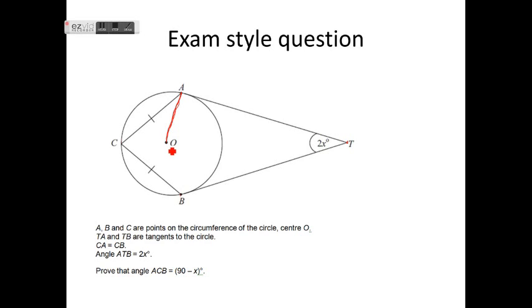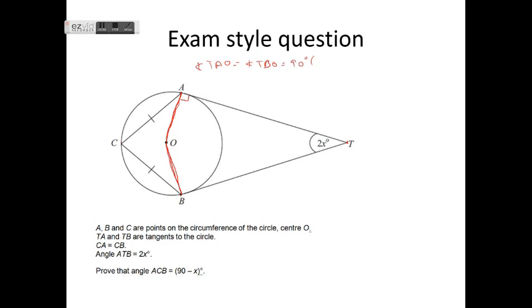At the moment, I don't have a radius, but as always with these questions, you have to create your own. So if you draw a radius in, AO, and another radius on the other side, OB, now we know that angle TAO is equal to 90 degrees.